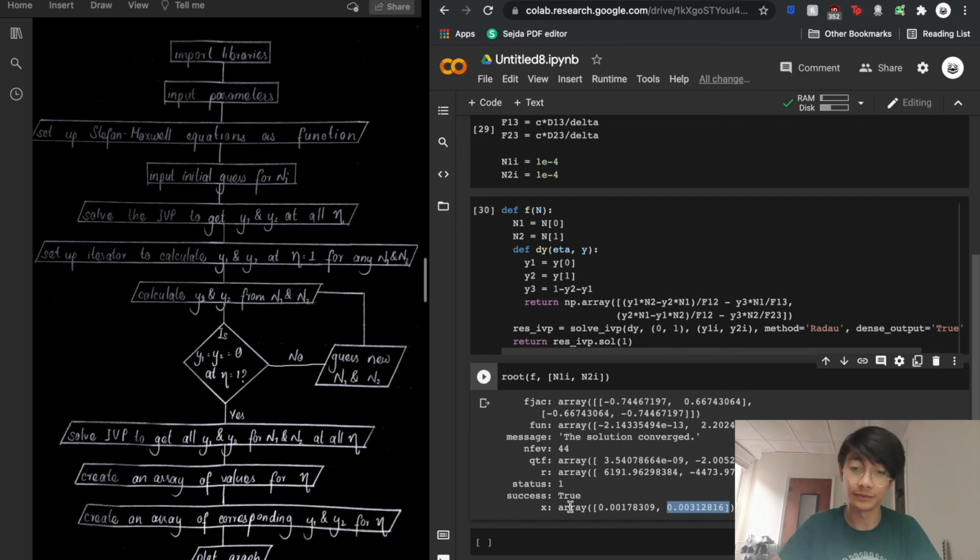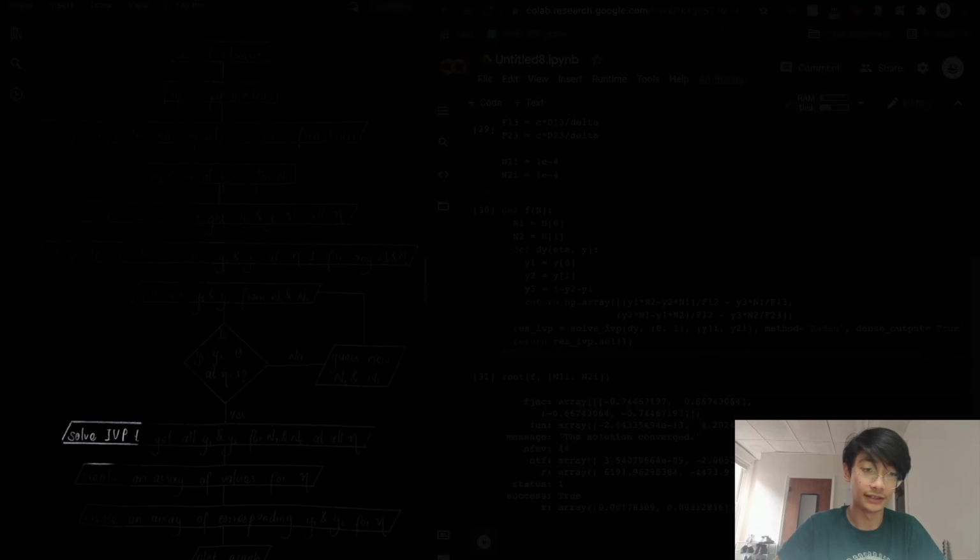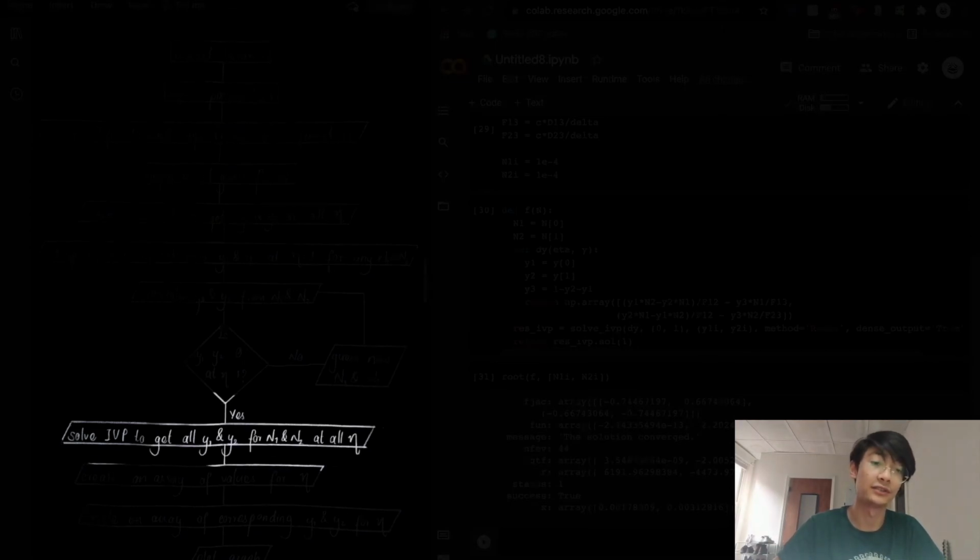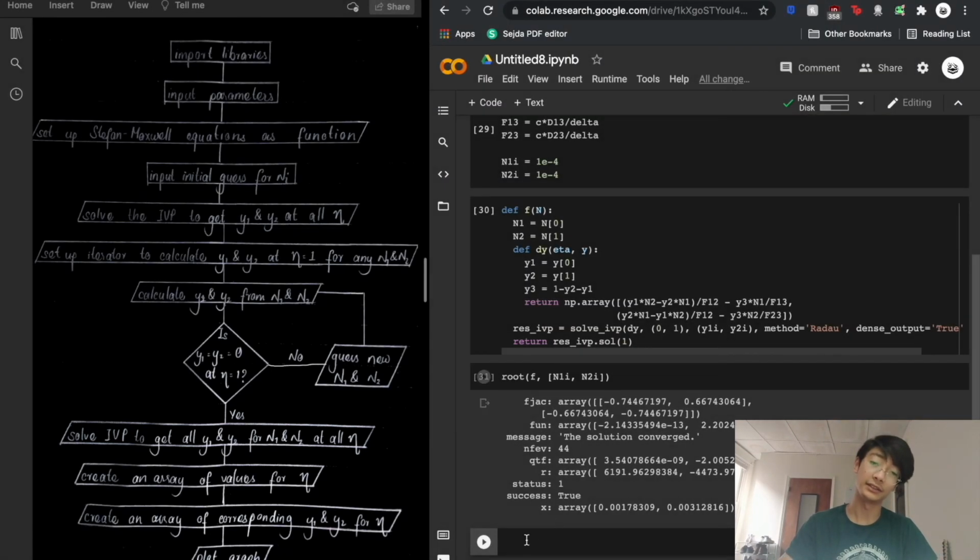So with that knowledge in mind, what we can do now is solve the IVP again right here. So what we can do now is we can solve the IVP one more time, but this time we use the actual value of the molar fluxes of acetone and methanol, and we use that in order to calculate the mole fractions of the two components at all values of eta. So yeah, let's go ahead and do that.